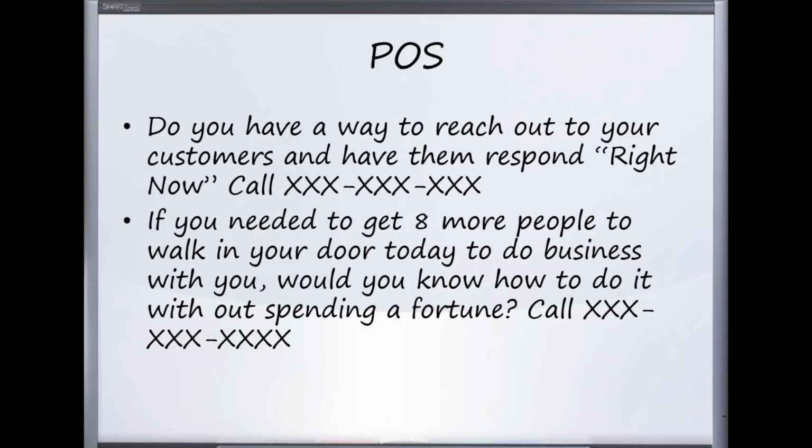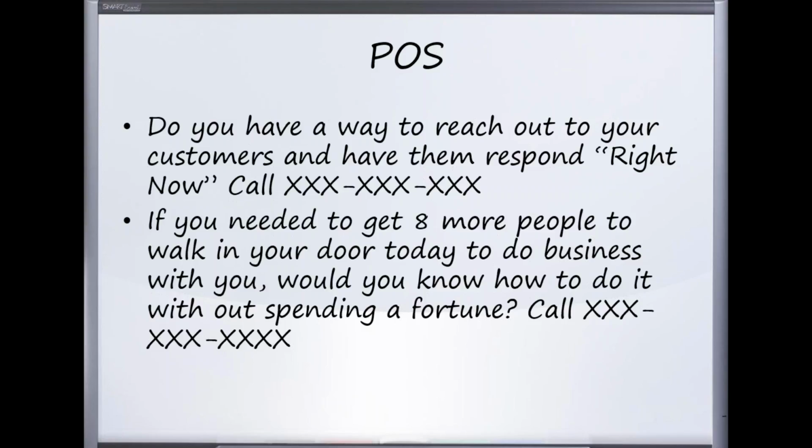This one, you're painting a picture with words. When you ask them if you needed to get 8 more people to walk in your door today, in the back of their mind, that merchant can see a customer walking through the door. The number 8 is not a happenchance number.